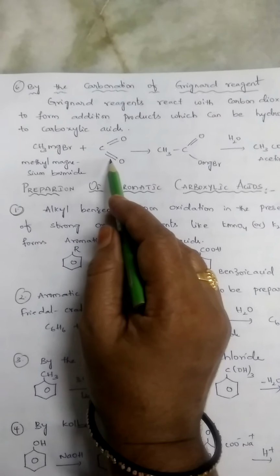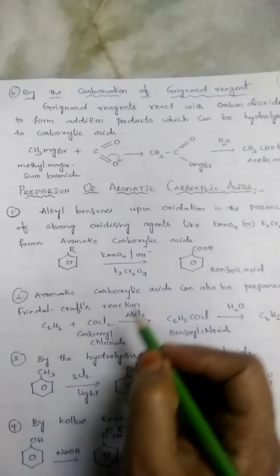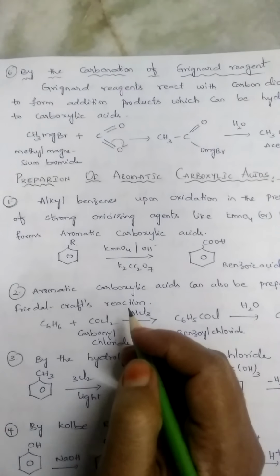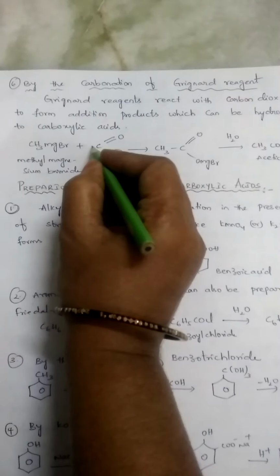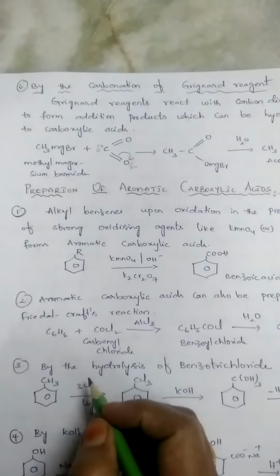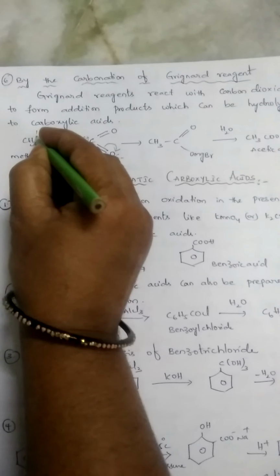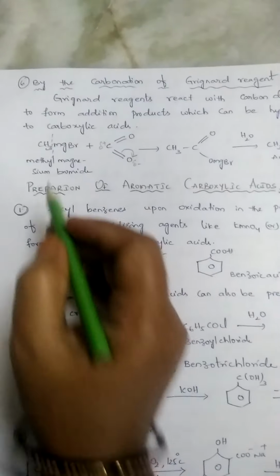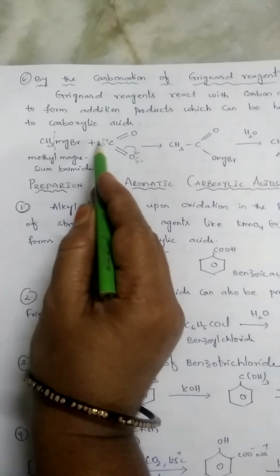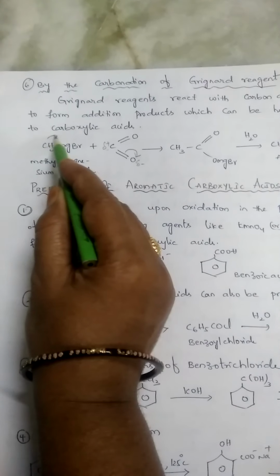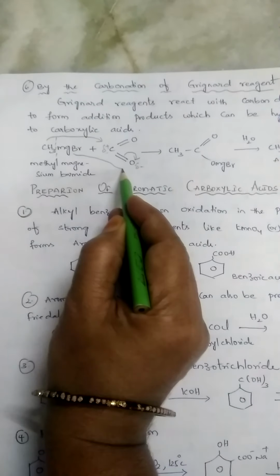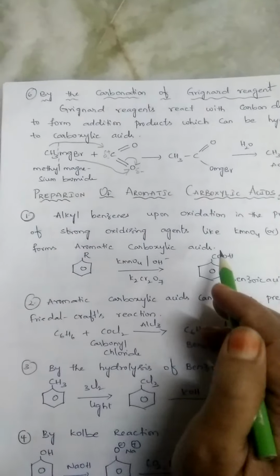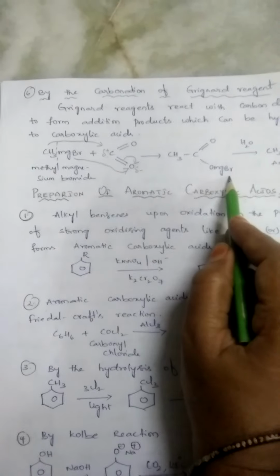We know oxygen is more electronegative than carbon, so obviously the bonded electrons will come towards this oxygen, so that this oxygen will carry a negative charge and this carbon will carry a positive charge. Now among these two, the bond breaks like this. CH3 will attach to carbon, and this MgBr connects to oxygen. So that's why we got the compound like this.